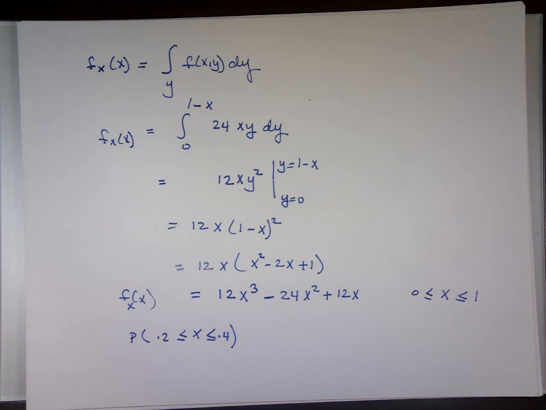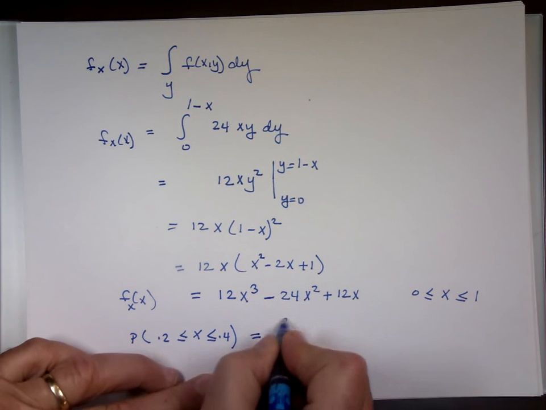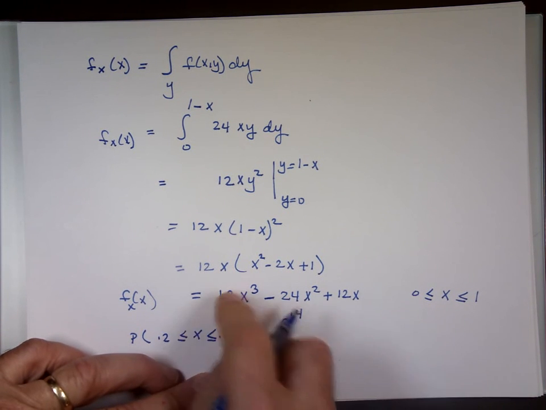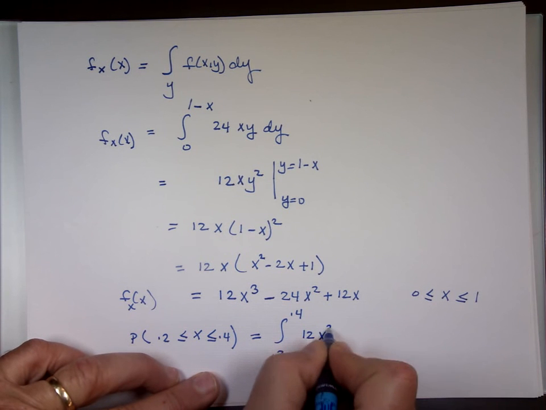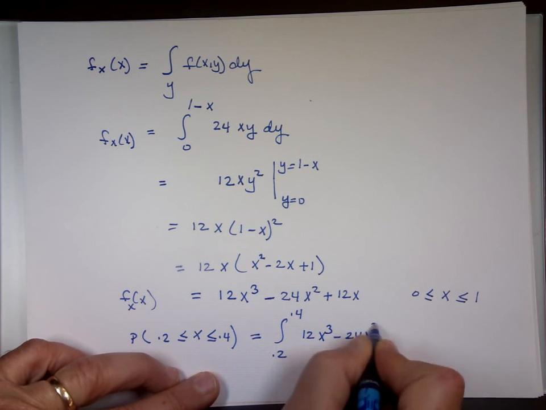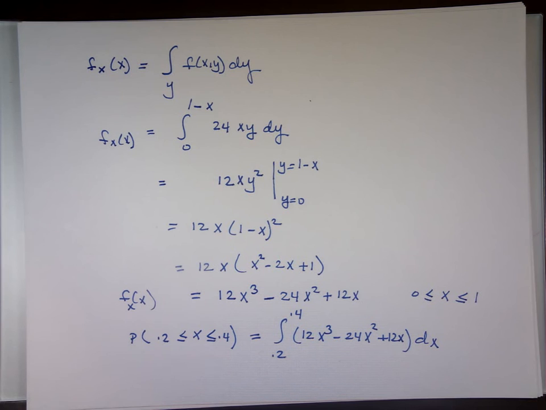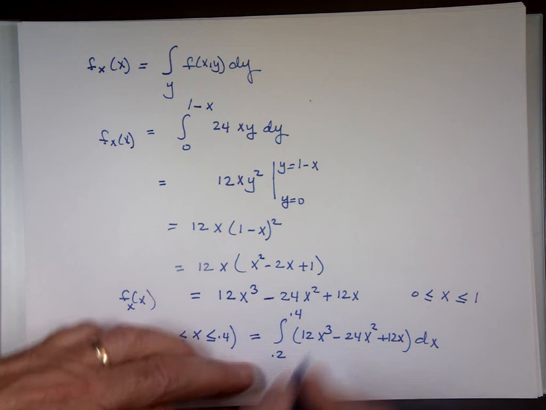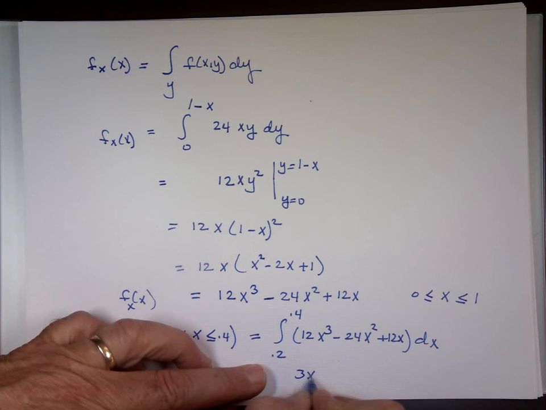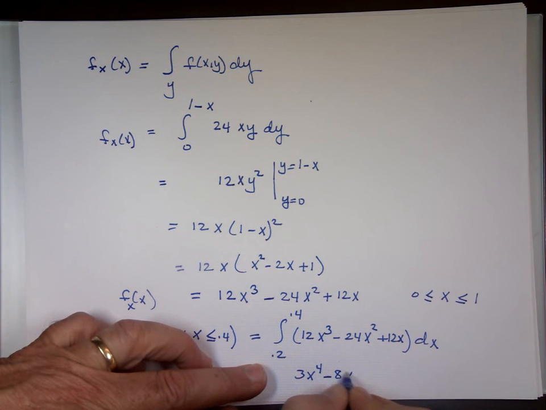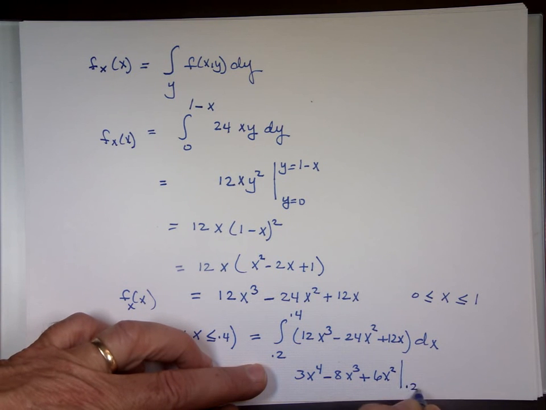So if you want to find the answer to that, you go, well, I'm dealing with the integral here. This is from 0.2 to 0.4 of this function. So that would be 3x to the 4th minus 8x cubed plus 6x squared. X goes from 0.2 to 0.4.